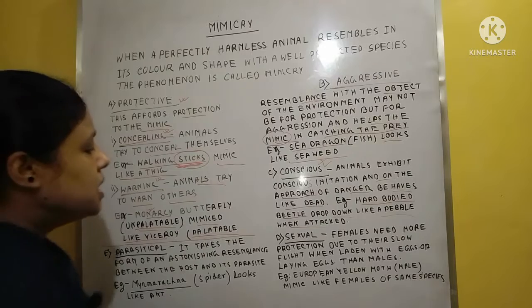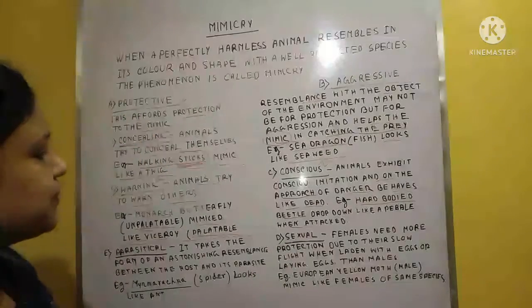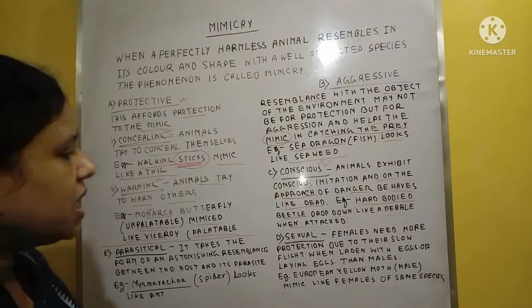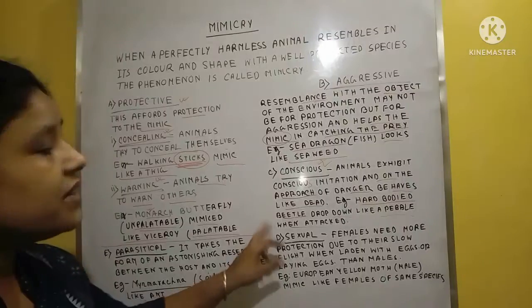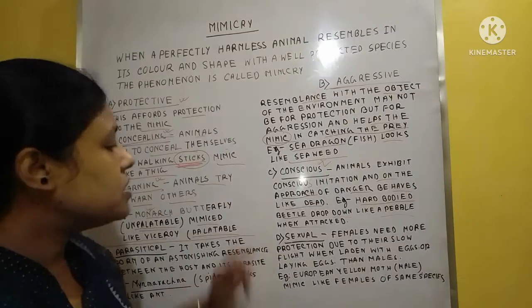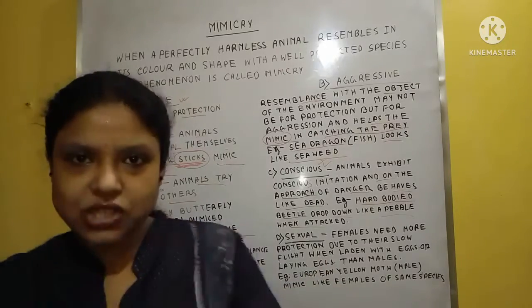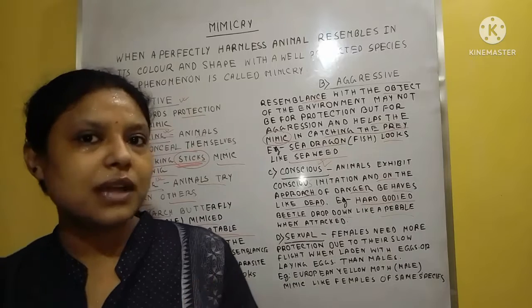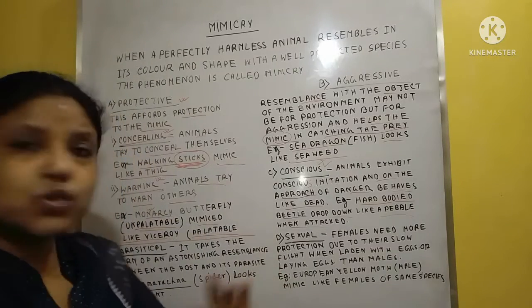So this is the conscious mimicry. Next one, the sexual mimicry. Here in nature, the female animals need more protection than the males. During laying the eggs, if some animals catch them from the backside, it is too tough for them to protect themselves.